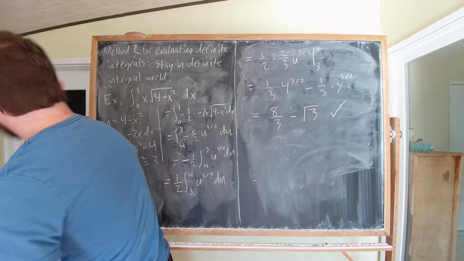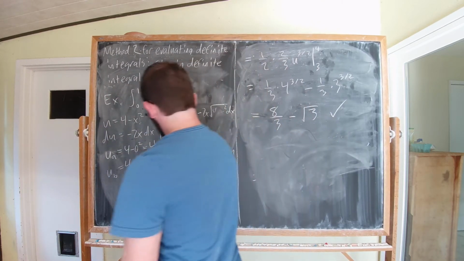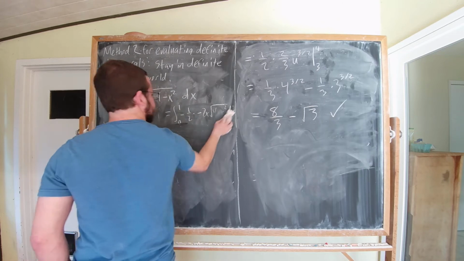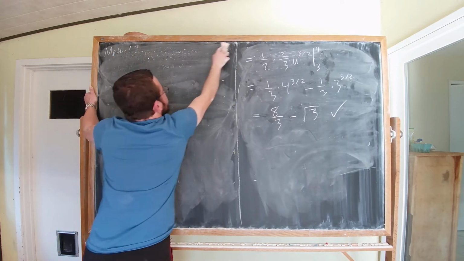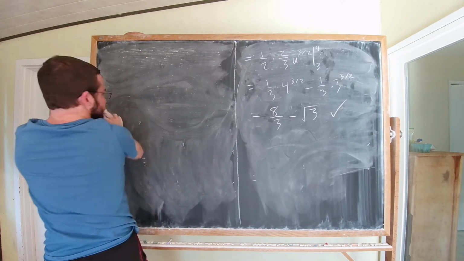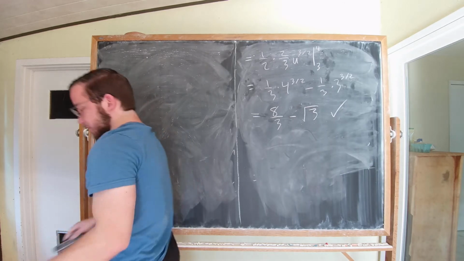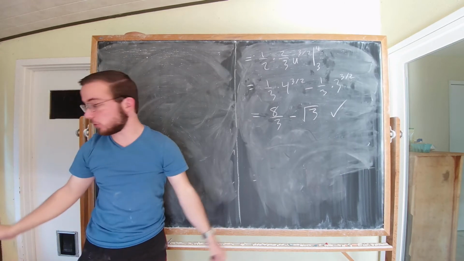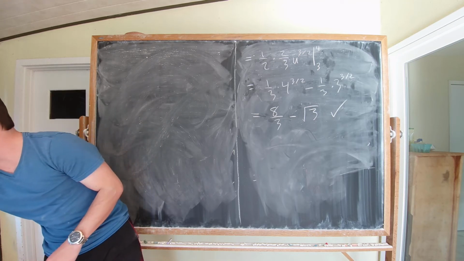Alright, let's do another couple of examples. You might say, well, okay, what if I choose a bad u substitution that doesn't work fully the first time? How does that work with this whole definite integral thing?